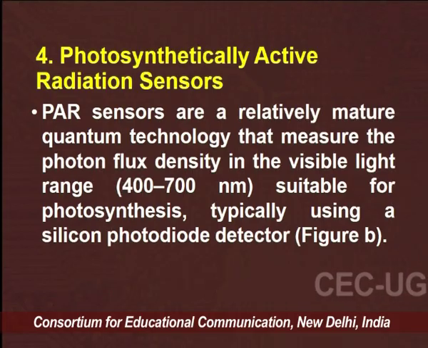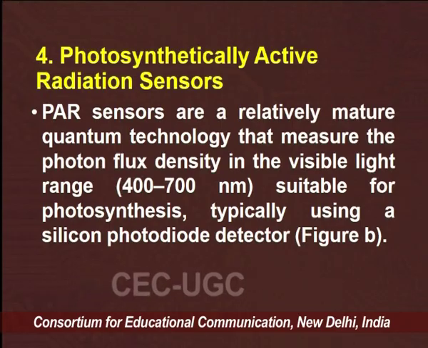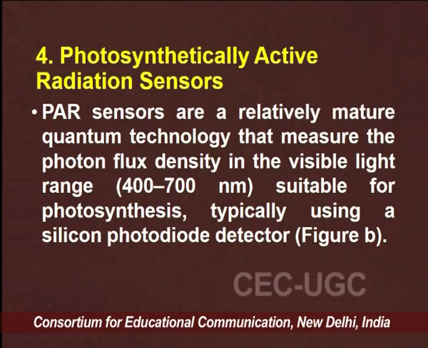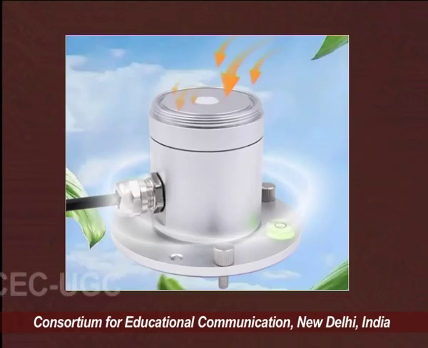As we are talking about photosynthesis, we are using daylight, so visible light in the range of 400 to 700 nanometers, and that typically uses a silicon photodiode detector. Now you can see the shape of the silicon photodiode detector, and you can see that there is a light ray which is falling upon the photodiode.